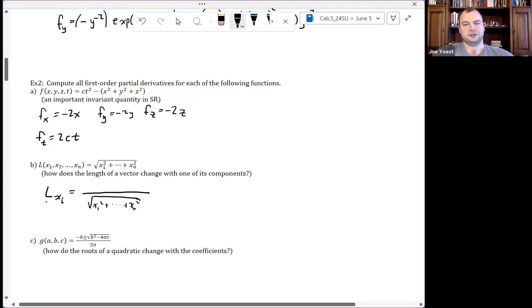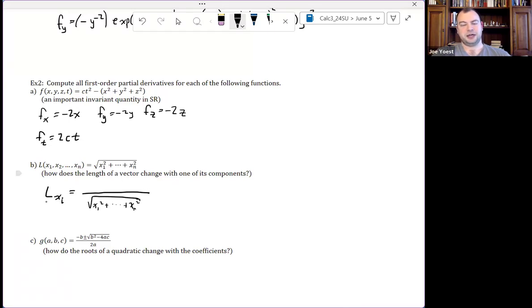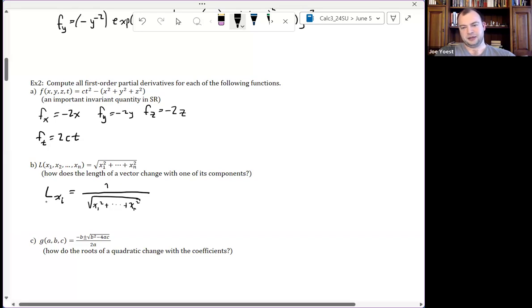I have a factor of 2 in front, but then my chain rule says I need to take the partial with respect to xi of x1 squared plus x2 squared and so on through xn squared. All of those x1 and xn and so on that aren't the xi term, they all differentiate to 0 because they're constant from the perspective of xi, and it's just the xi term, xi squared, that differentiates to 2 times xi.